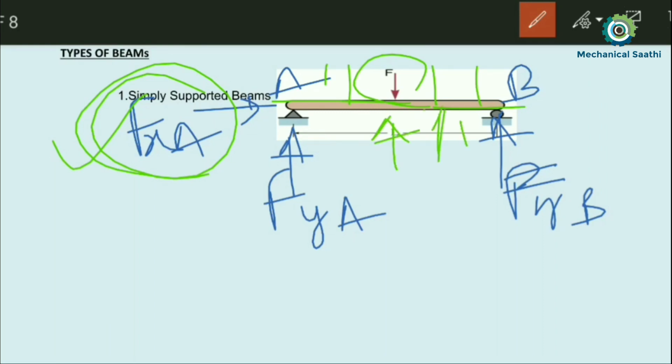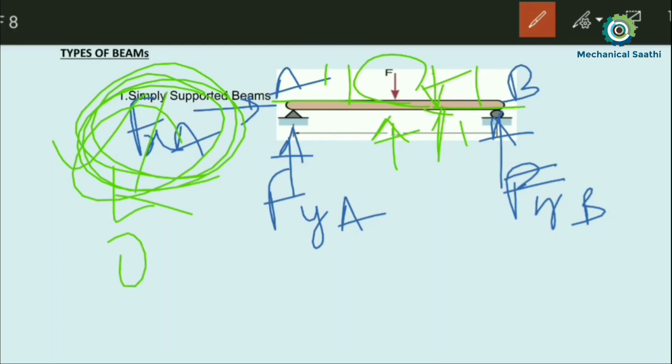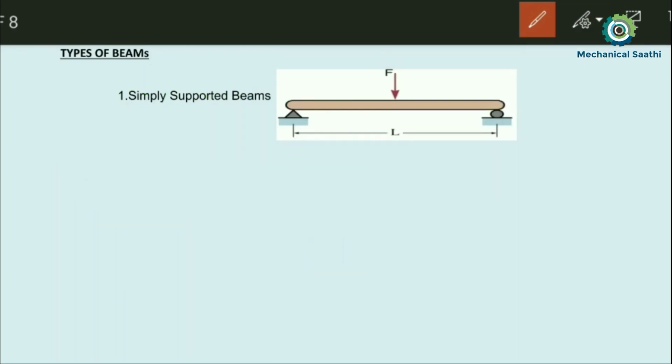So no horizontal forces can be there, and we can neglect this reaction to 0. We cannot get any reaction along the x-axis of the beam, so Fx will be equal to 0.